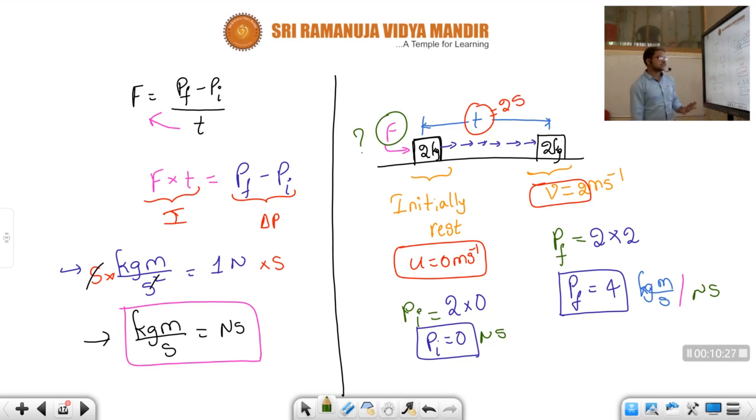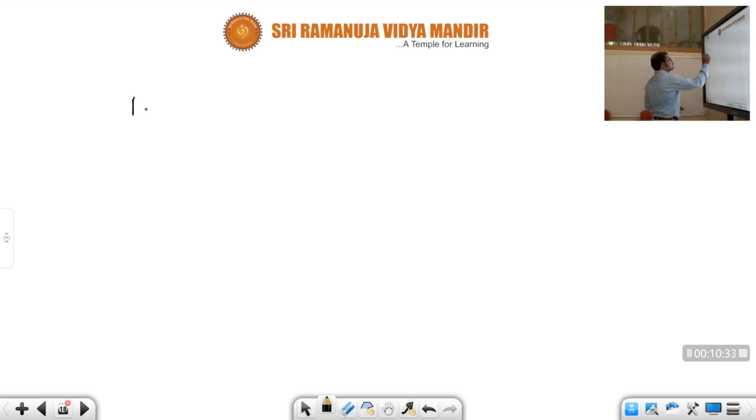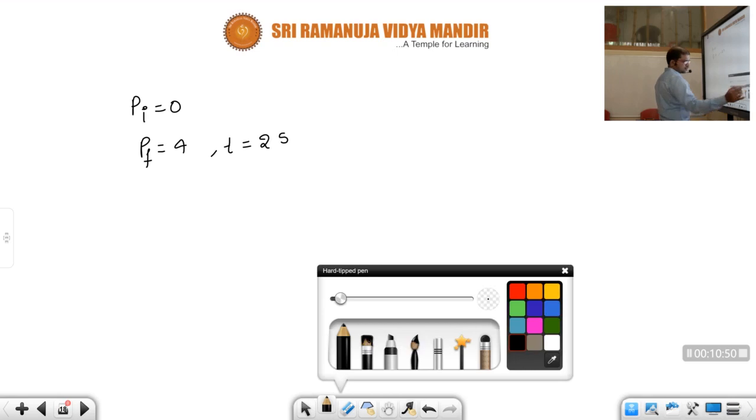Final momentum and initial momentum. What is the time, children? 2 seconds. Initial momentum is 0. Final momentum how much, children? 4. I am just writing the numerical value. Time is 2 seconds.